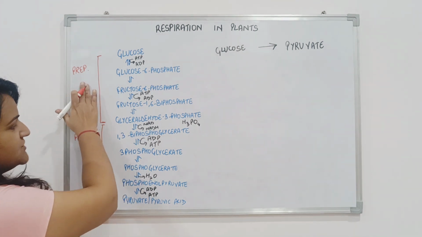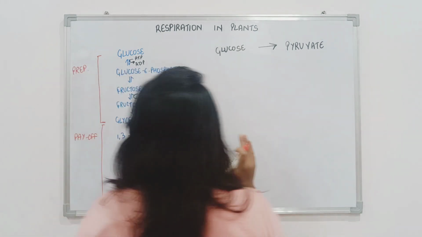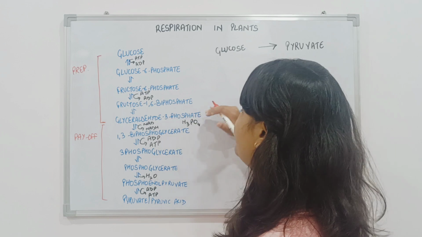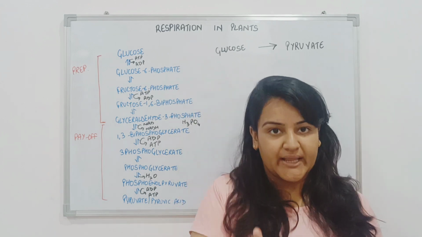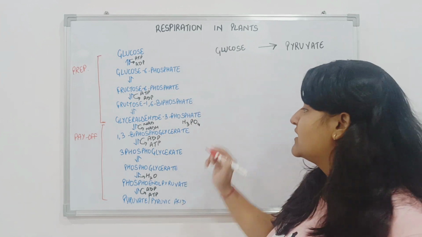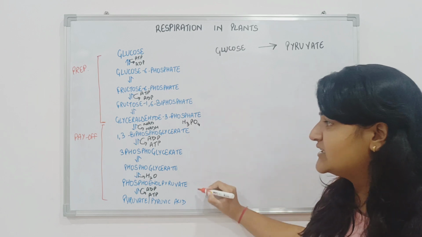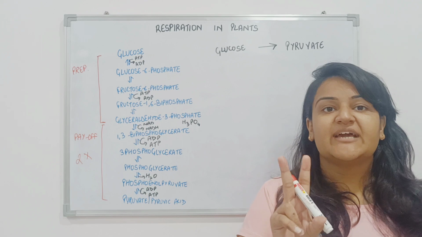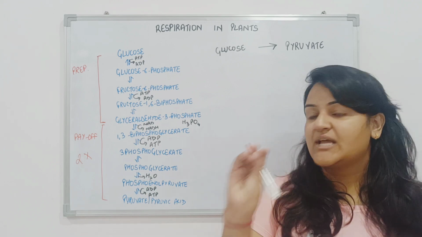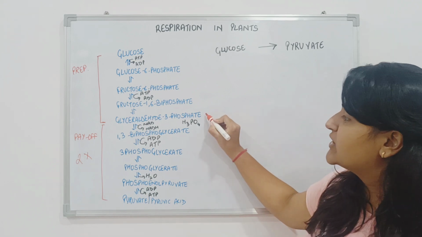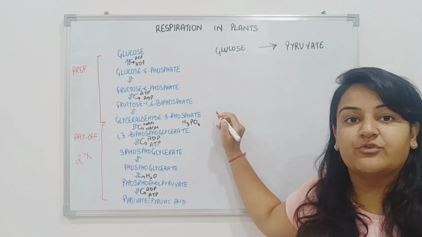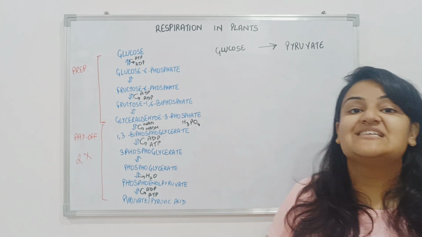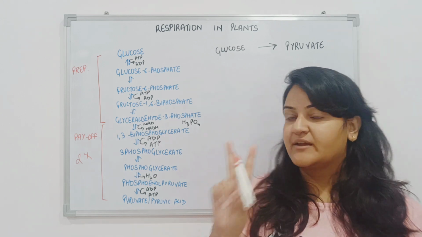So whatever is till here, glyceraldehyde 3-phosphate, it is only 1, and after this there are 2 reactions going on at the same time, meaning 2 molecules of this compound were formed, and everything that is being formed after this is 2 in quantity, right?